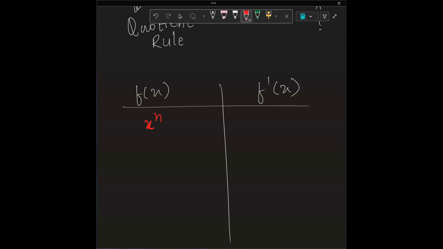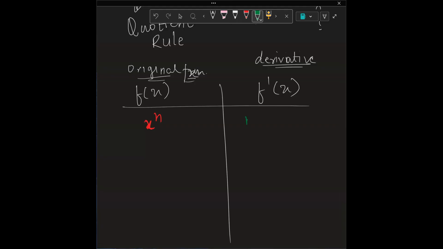If your function is f(x power n), then this is the original function and this is the derivative.